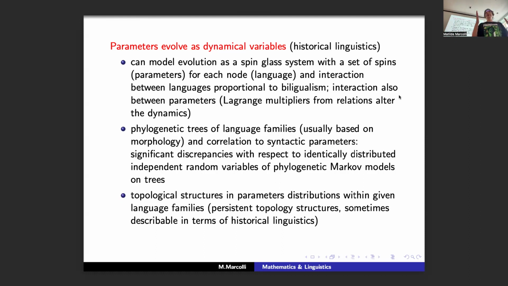I'm not going to give the details; I put a couple of things on the webpage. But you can think of the dynamics, instead of the usual spin glass models where the Hamiltonian is proportional to the interaction of two spins, so it tends to make them align, as having additional Lagrange multipliers describing the relations between the parameters.